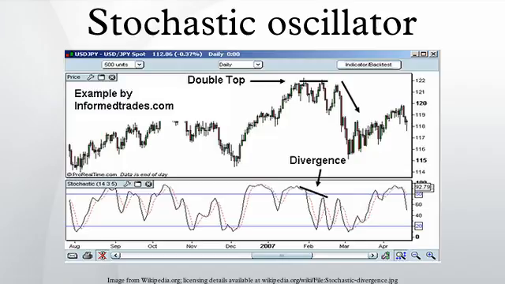An alert or setup is present when the %D line is in an extreme area and diverging from the price action. The actual signal takes place when the faster %K line crosses the %D line. Divergence-convergence is an indication that the momentum in the market is waning and a reversal may be in the making. The chart below illustrates an example of where a divergence in stochastics, relative to price, forecasts a reversal in the price's direction.